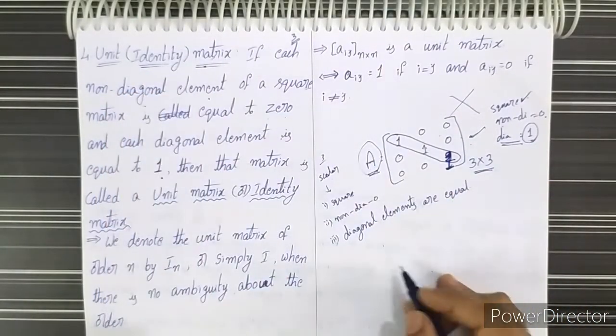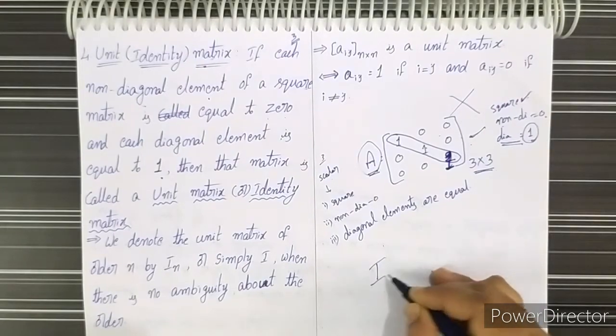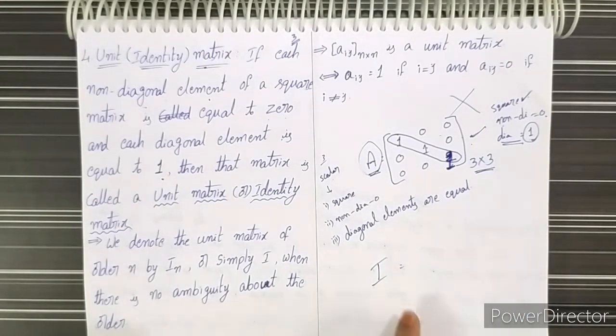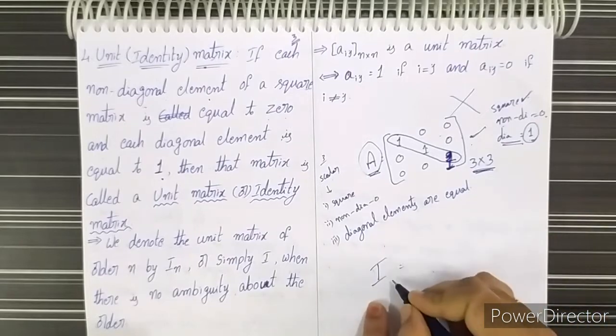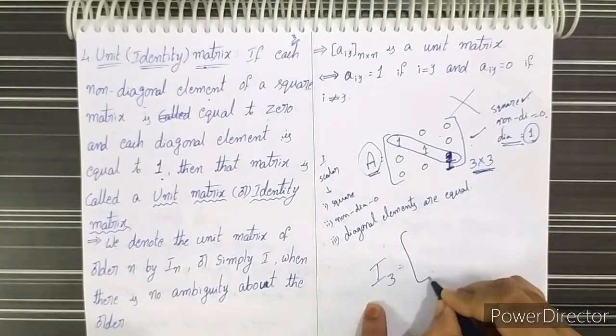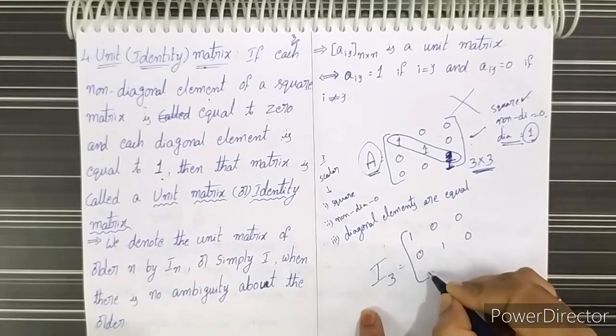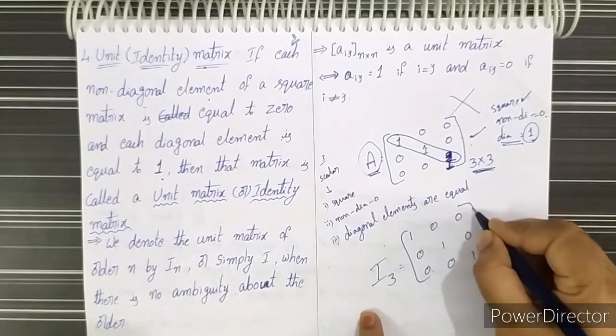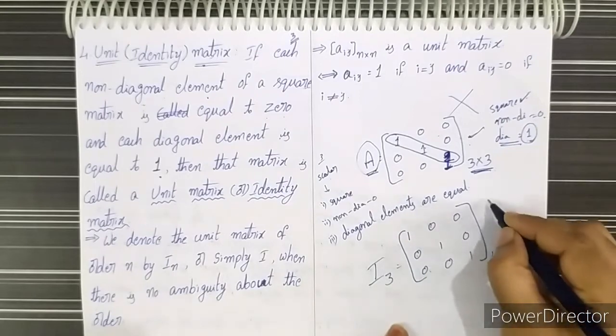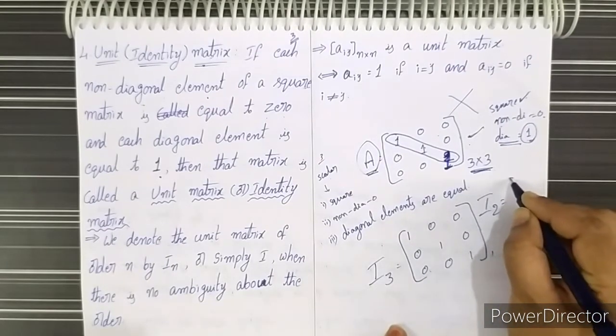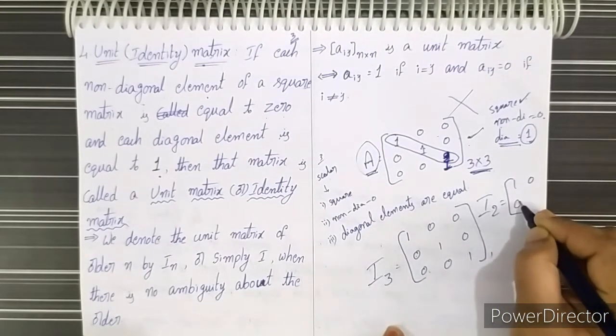And the unit matrix is denoted by the capital letter I. Here the order is 3, so I3 equals 1 0 0, 0 1 0, 0 0 1. Similarly, I2 equals 1 0, 0 1.